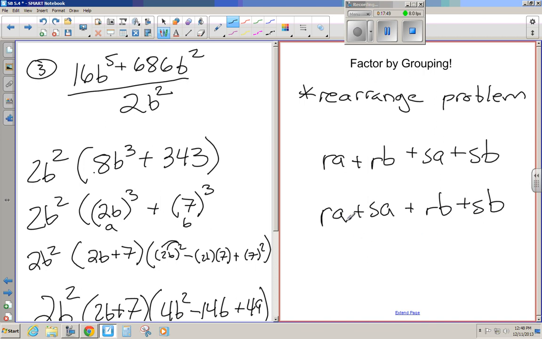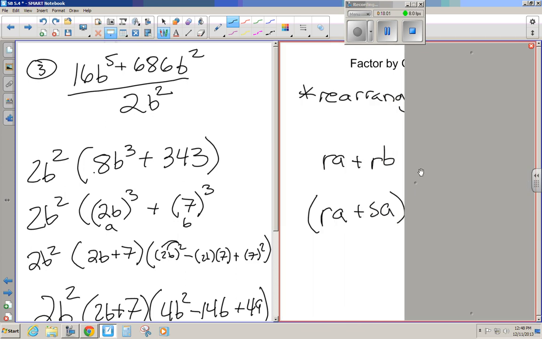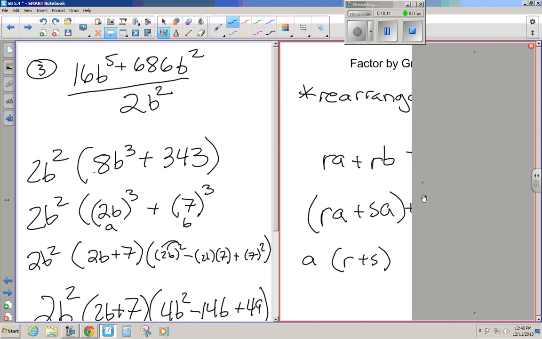And once you rearrange it so that a common factor can be brought out, you look at each of those pieces individually. Ra, sa have an a in common, r plus s. Do you see? I hope you all see that.